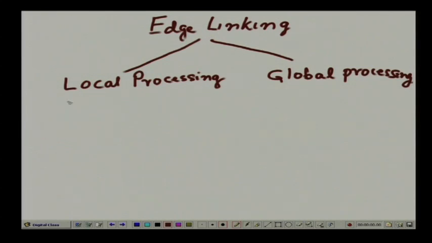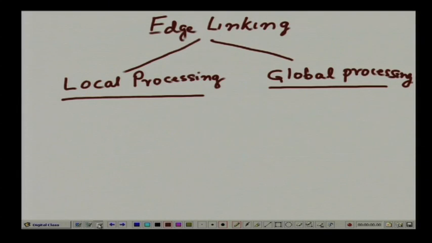Whether we are going for local processing or global processing, our aim is that we want to link all those edge points which are similar in some sense, so that we can get a meaningful edge description.